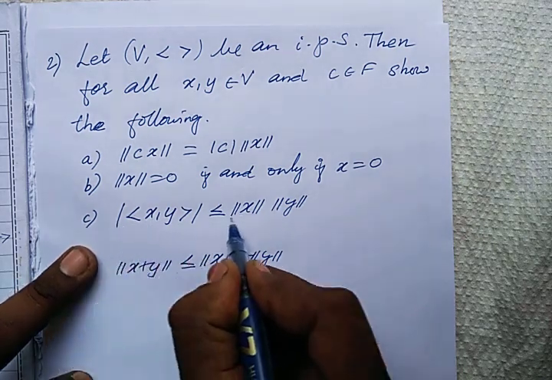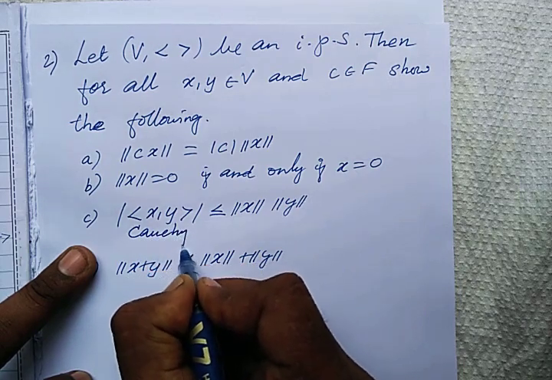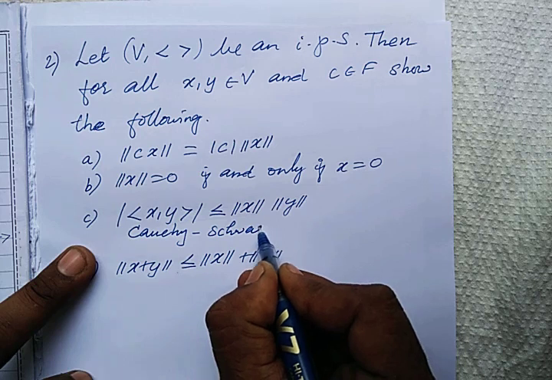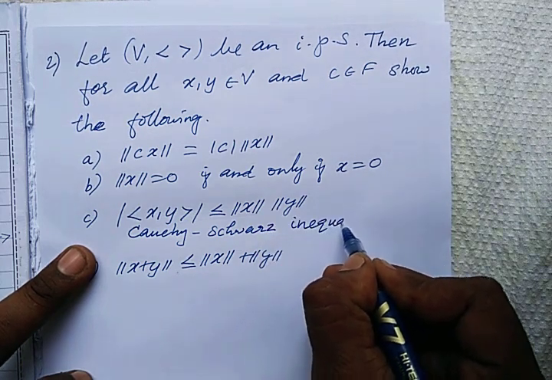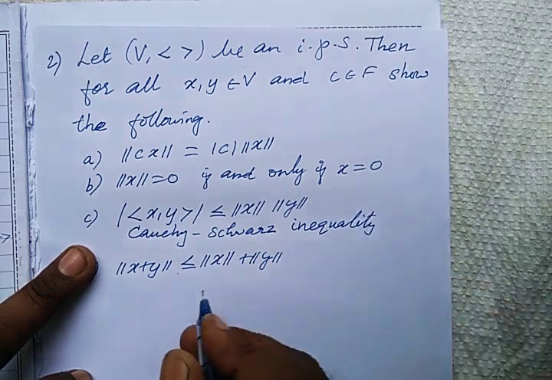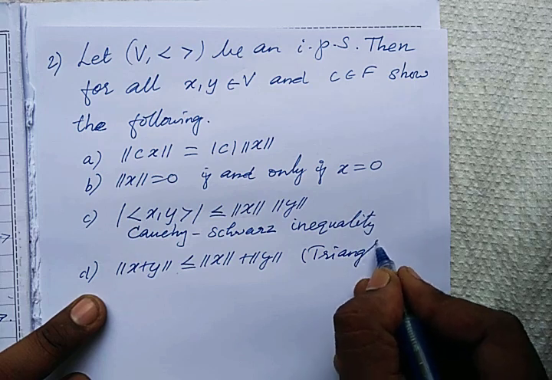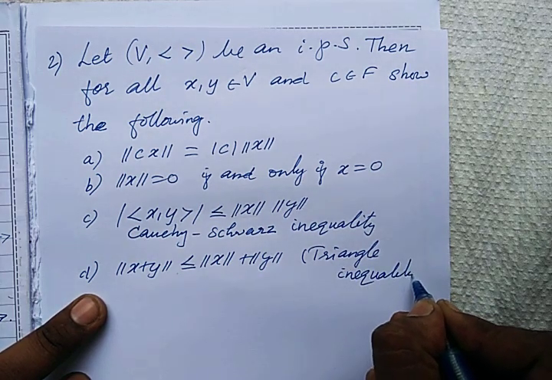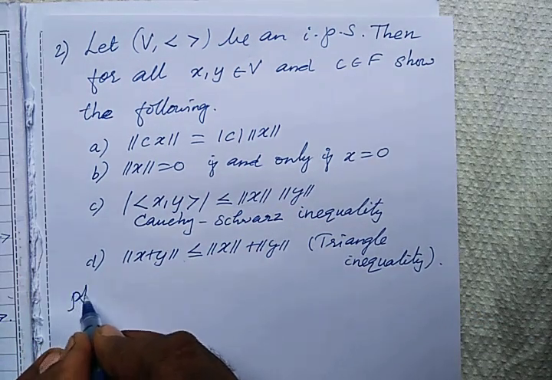This result is called Cauchy-Schwarz inequality, and this result is called triangle inequality. Now let us prove all the statements.